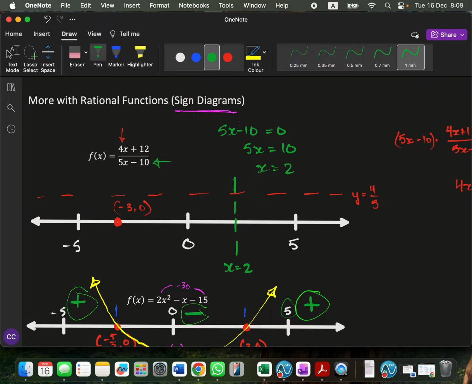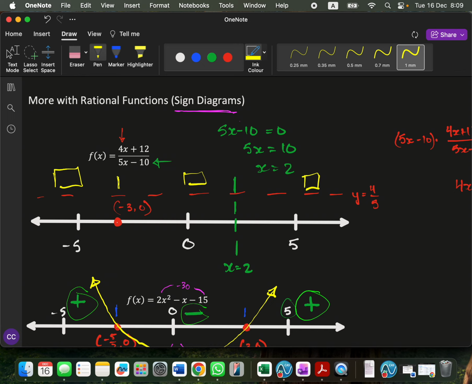I've got a pretty good idea. So again, just like with this quadratic where I substituted in values, I'm going to substitute in a value because I need to know what's happening here, in between my x-intercept and my asymptote, and then I need to know what this thing is doing after that.